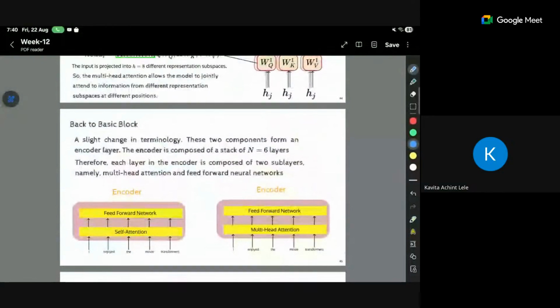Now we'll see another component of an encoder or decoder layer, which is the feed forward network, right? Once you do the multi-headed attention computation, the next component comes in the transformer.